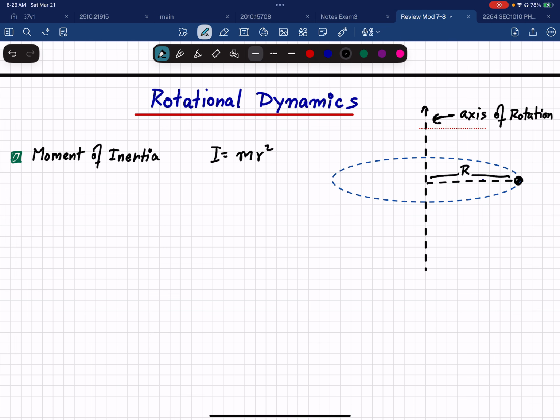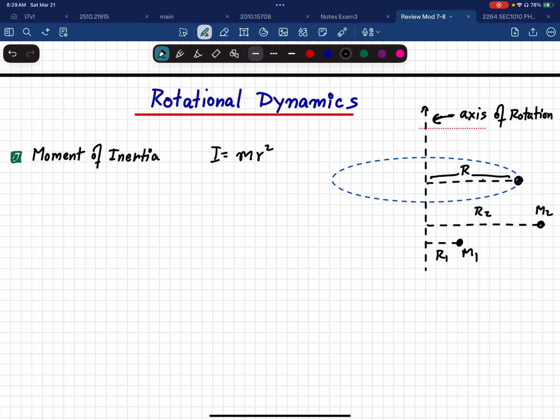Now, this is all about a discrete object. If you have a system of discrete objects, you just add them up. If you had different objects like this, and then you had this, right?